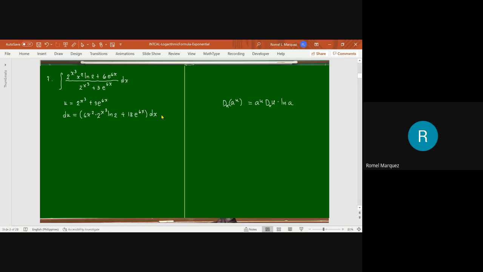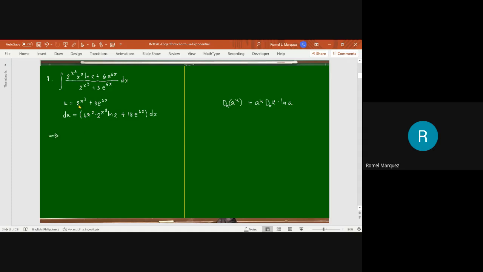Don't forget the dx. Now, don't put equal, okay? If you write something and then put equal, it means it refers to the last line. But what you want is this given. So for the meantime, you just have an implication.